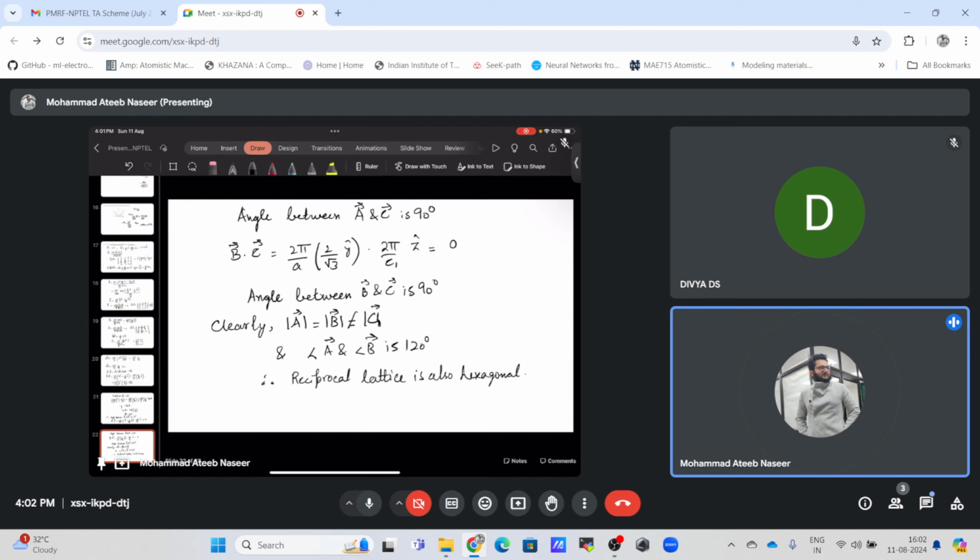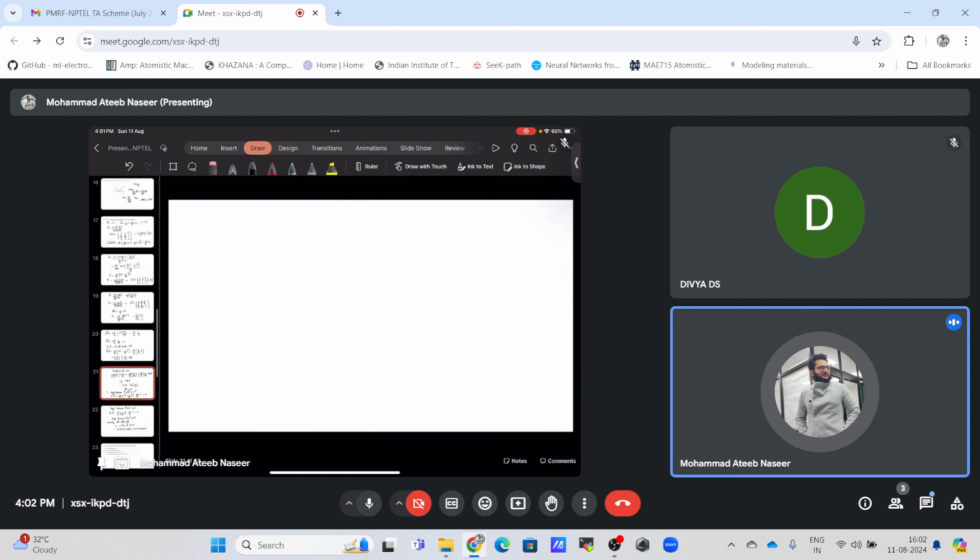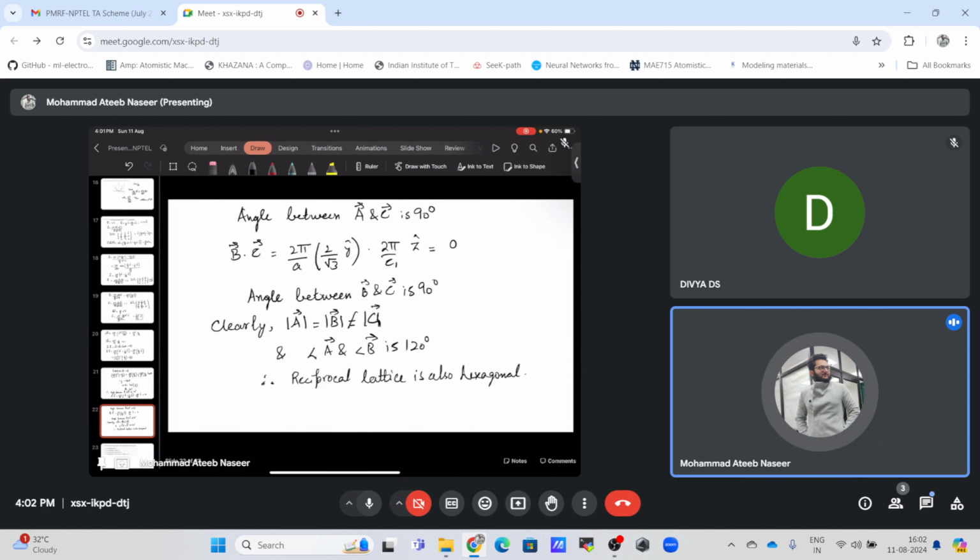Okay, so we have been able to find out that the reciprocal lattice of a hexagonal Bravais lattice will also be hexagonal. This was the important conclusion from the result: if we look into the reciprocal lattice vectors of a hexagonal Bravais lattice, then it will also be hexagonal itself.